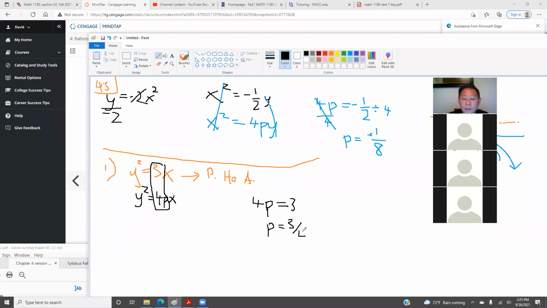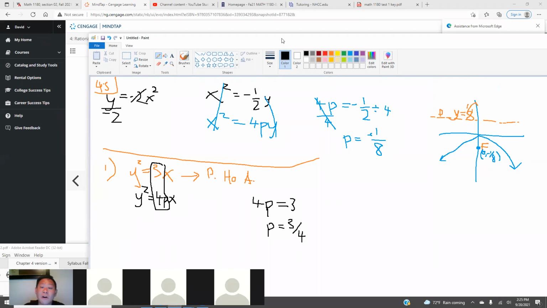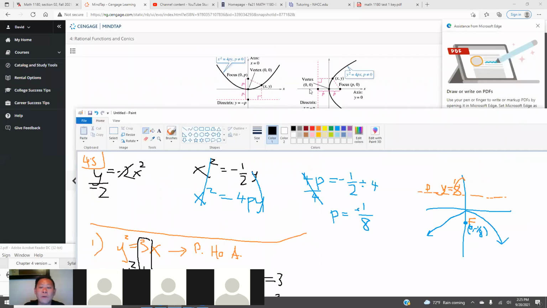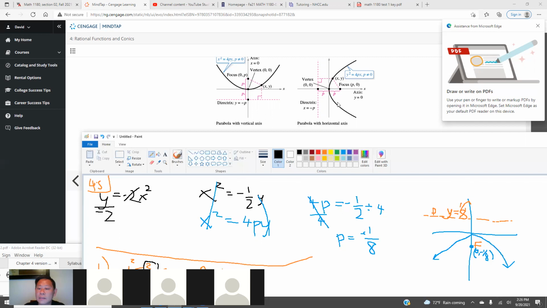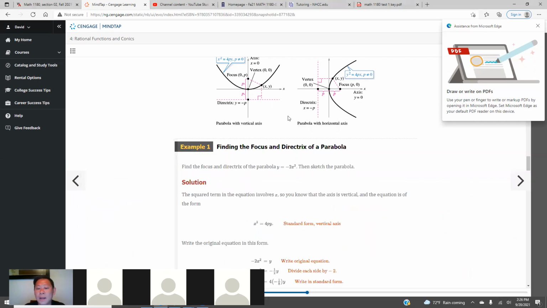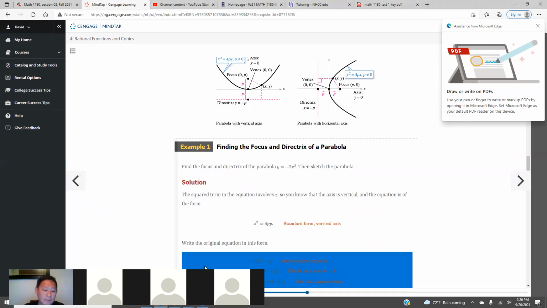3/4. Yep. So you tell me this is a horizontal parabola. Will it open upwards, downwards, or sideways? It opens sideways. Is it going to be the C way like this, or the opposite way?